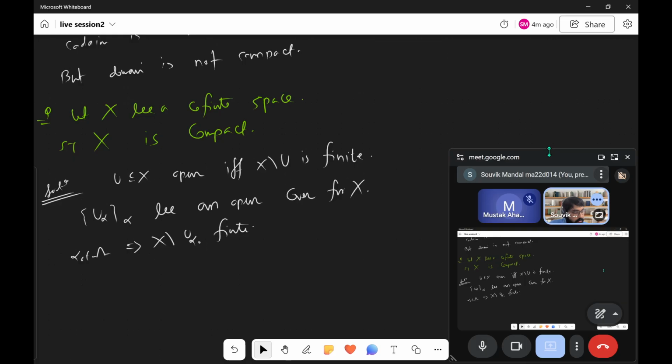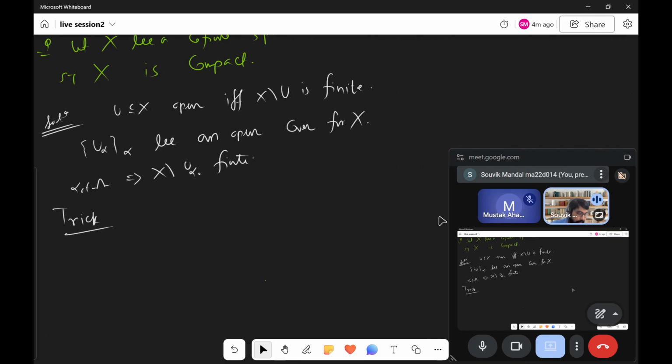So the trick is as follows. Let me write it down. See, since x minus u alpha is finite, let's denote the elements by x1, x2, x3, dot dot dot, xn. Now each xi belongs to u alpha i for some i.